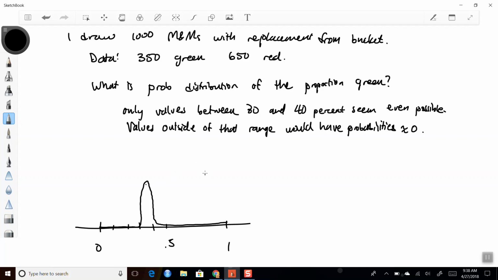This is our resulting distribution, okay? And this can still be defined, this is still a beta distribution.